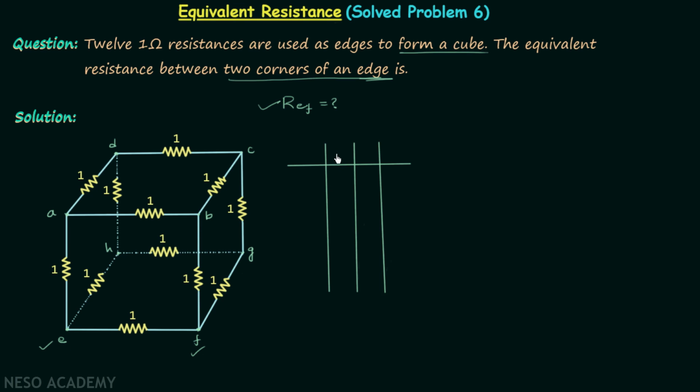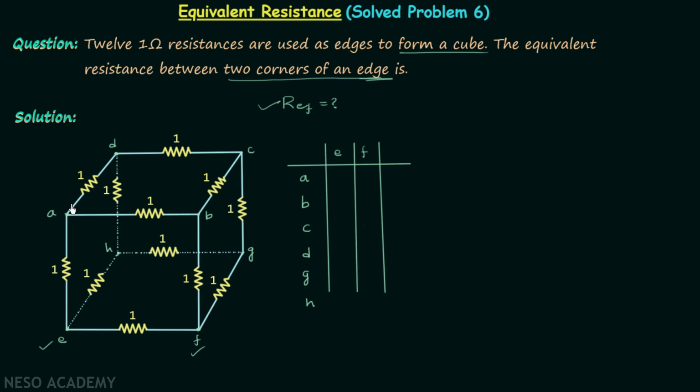So here in the first column I will write E, in the second column I will write F, and then we will write down all the remaining corners. After this we will begin with point A, that is our corner A, and then we will try to move to corner E and to corner F, and we will calculate the total resistance which we have encountered.